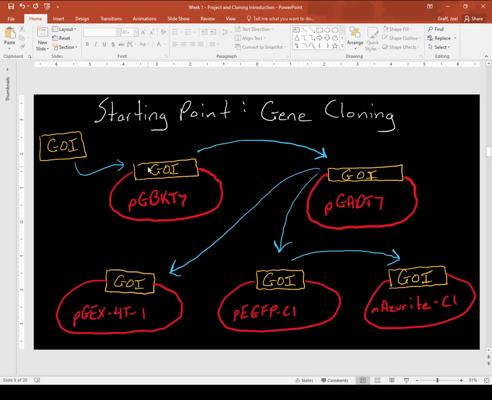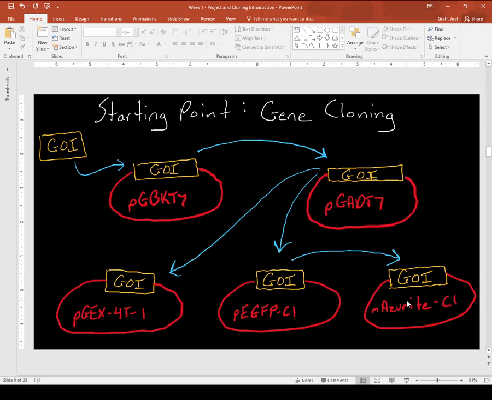Meanwhile, from any one of these points, we could do a technique called PCR, which would amplify our gene fragment, and if we design the PCR and the reagents for that PCR correctly, we could then get the gene of interest cloned into a fluorescent plasmid.